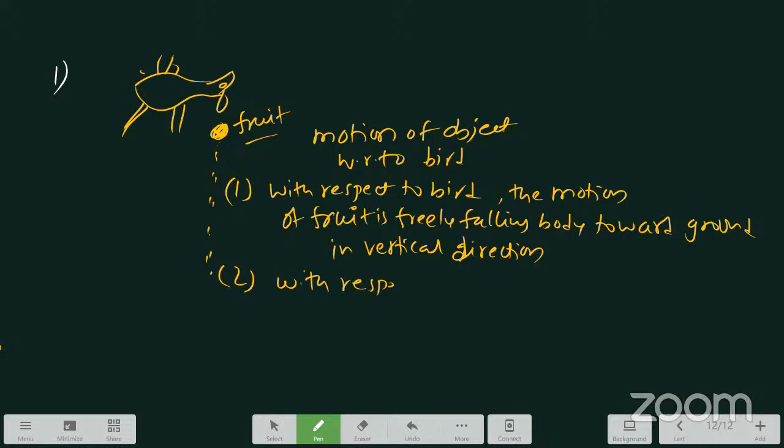With respect to the person, its path is a parabola. One person watching from the ground sees a parabola shape. With respect to the bird, it is vertically downwards. These two: here 2 marks, here 2 marks. This answer looks like a VSQ, but it is a 4 marks question.